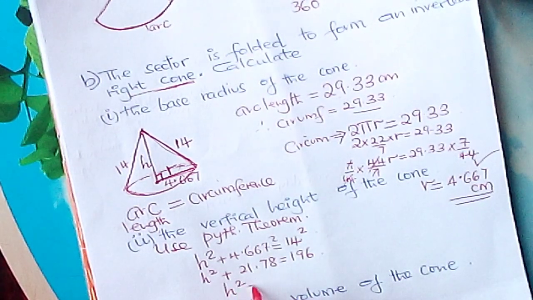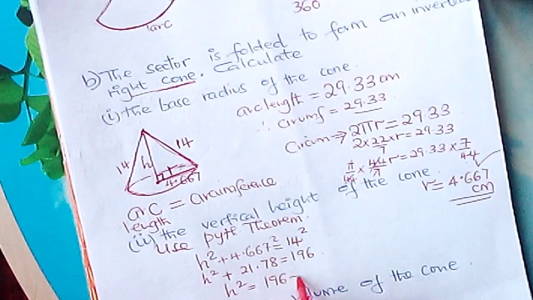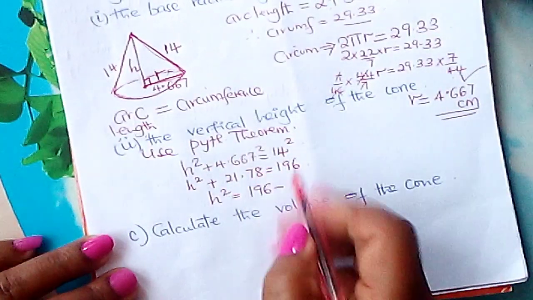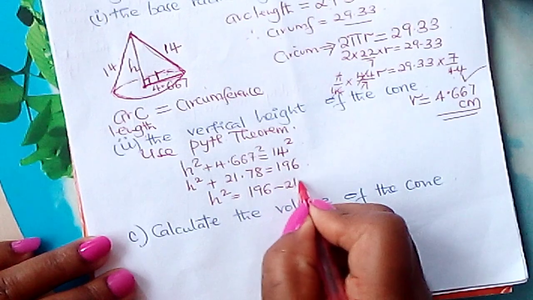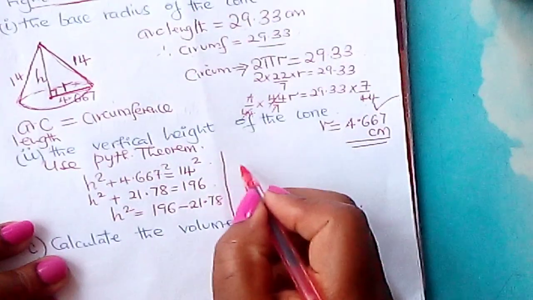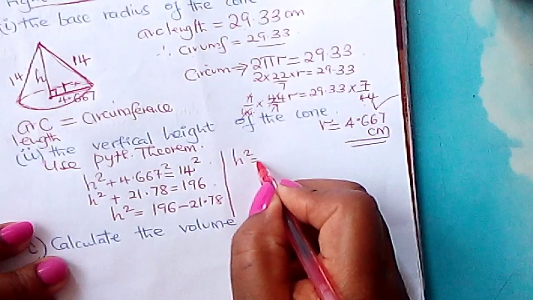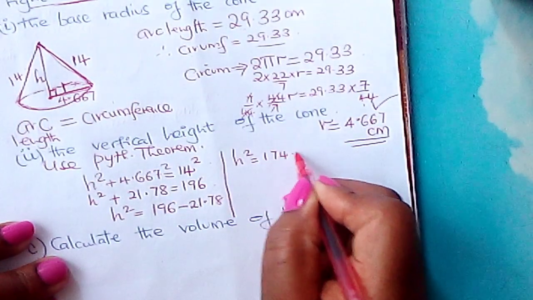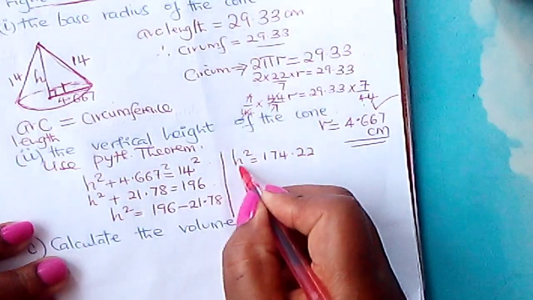So H squared, learner, is equal to 196. Take this to the other side, you subtract 21.78, and therefore, learner, your H squared is equal to what? Subtracting, you get 174.22.